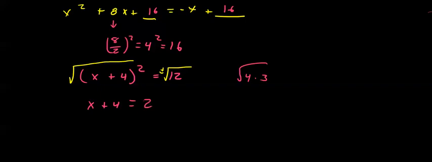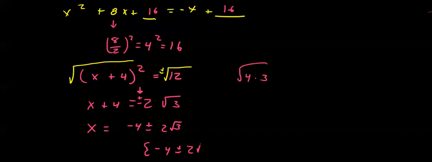I get 2 square root of 3 with a plus or minus. The plus or minus must go here. If it goes here, it's wrong. And then I subtract 4. X equals negative 4 plus or minus 2 square root of 3. And you're done. That's it.